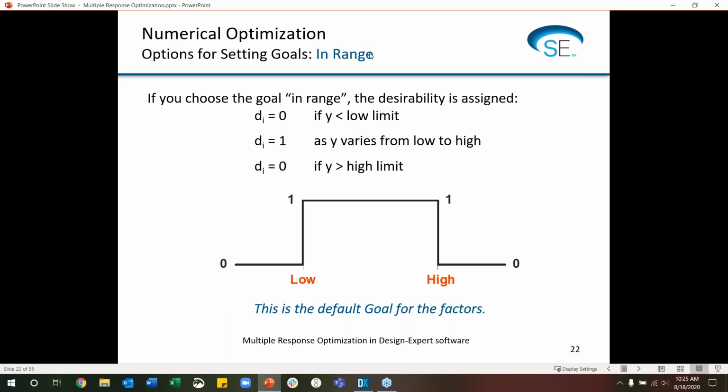All right, the goal of in range provides you with just a really simple, everything is good. So all desirability is 1 in between the range that you set. Everything is equally good, and we're at desirabilities of 0 below the low limit and above the high limit.